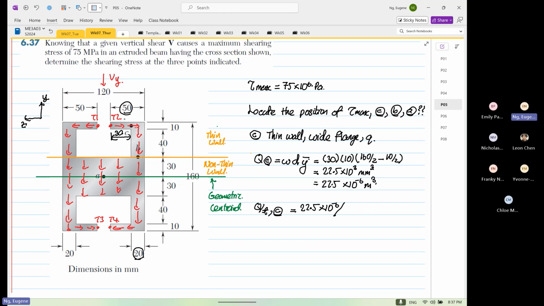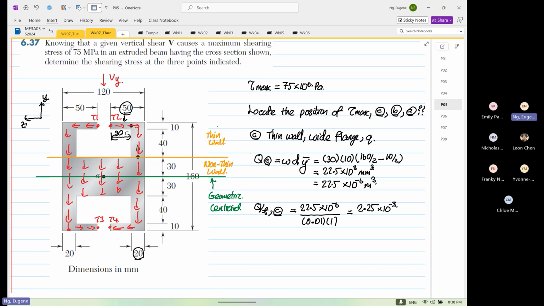So the thickness over here, so this is our thickness. It is 10 millimeters, 0.01. And then because it's wide flange, I put a 1 over here, okay? So this is equal to 2.25 times 10 to the power minus 3.